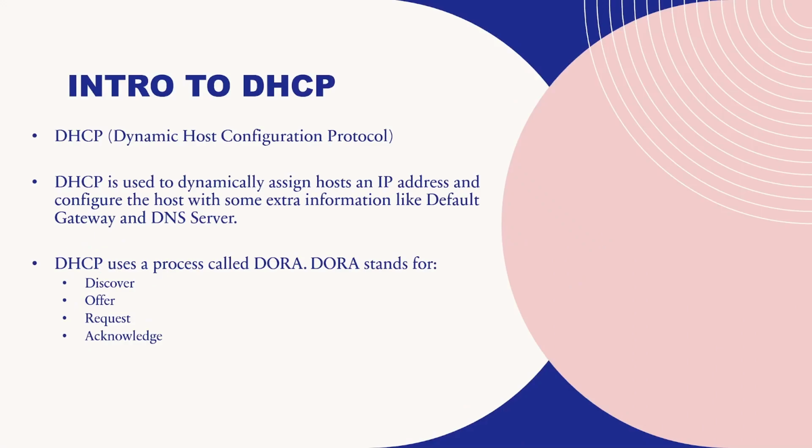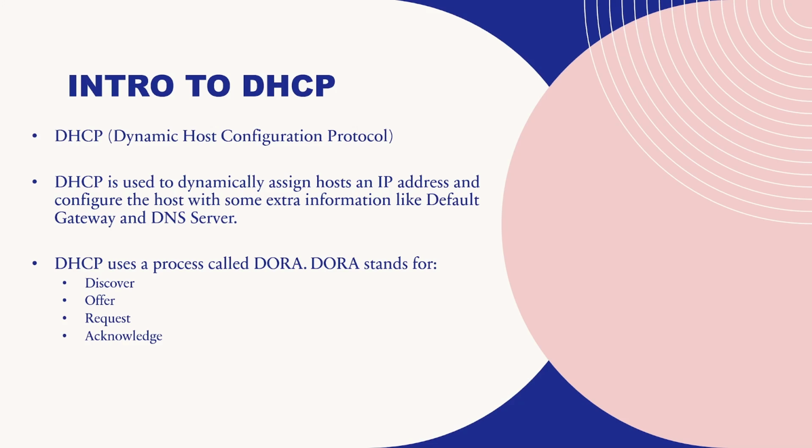So, what is DHCP? DHCP stands for Dynamic Host Configuration Protocol. I believe you have done this before, but we haven't gone this much in depth, and I wanted to go in depth for this one. It is used to dynamically assign hosts an IP address and configure the host with some extra information like default gateway and DNS server.